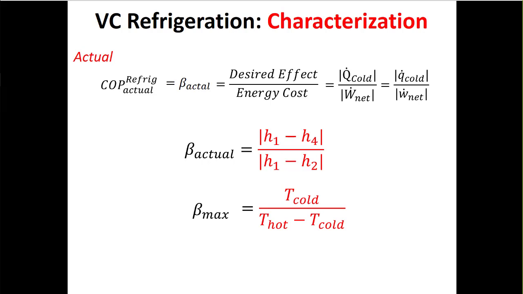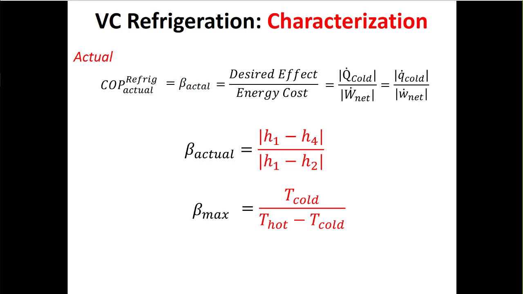Now, if we wanted to then take the real coefficient of performance and compare it to the ideal coefficient of performance, then if we know the temperature of our hot place and our cold place, remember these are temperatures that are outside of our cycle, right? Then we can define our maximum or our Carnot coefficient of performance as T cold over T hot minus T cold, right?